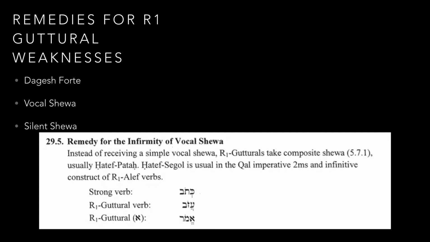It is a good general rule to keep in mind that the aleph will often take a segol sound of some sort, and this is not necessarily new to us. If you remember the imperfect paradigm, we have ektol at the very beginning. With that aleph preformative, we get the segol. So alephs don't always take the segols, but a lot of times they do. And in this case, with the R1 guttural vocal schwa issue, they do.